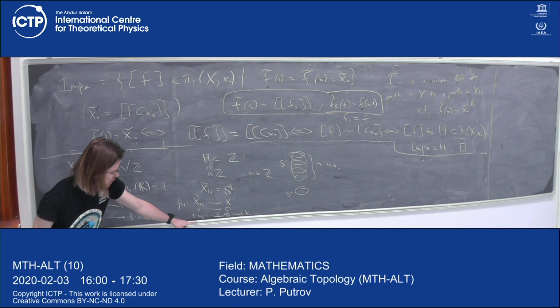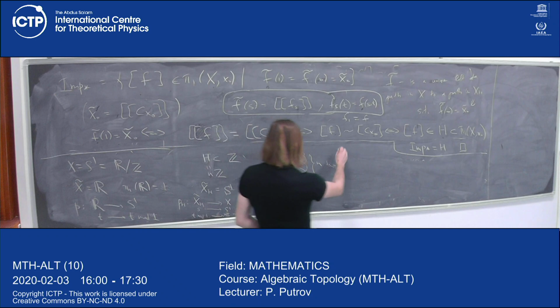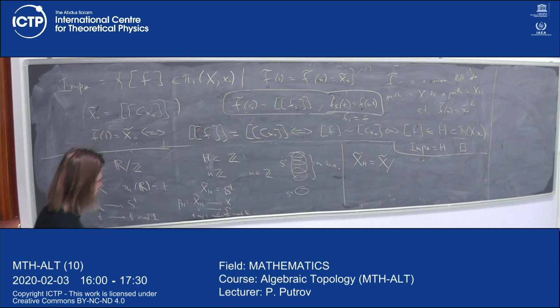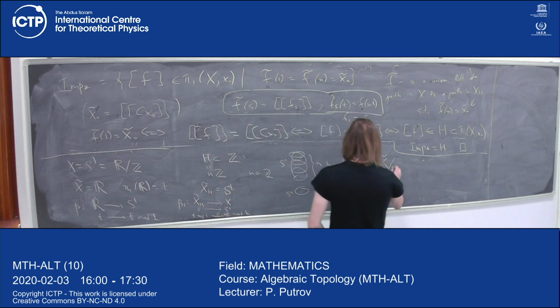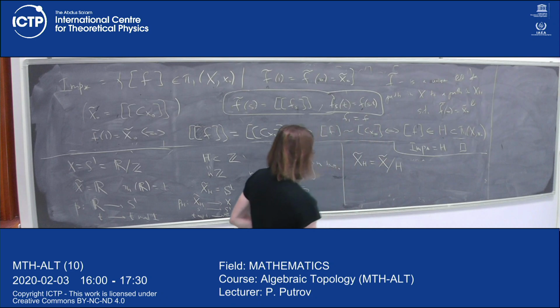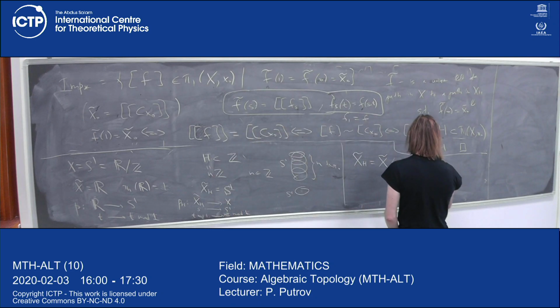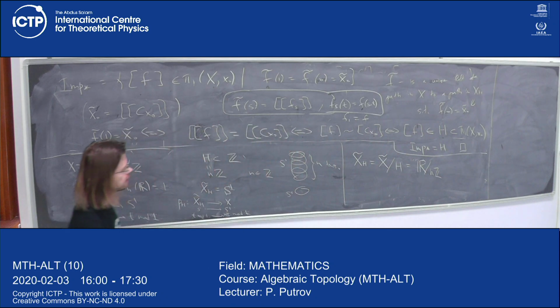And more explicitly, the covering map is given by this. But we can also realize this X_H as a quotient of the universal cover by a certain action of this group H, which is R divided by nZ.